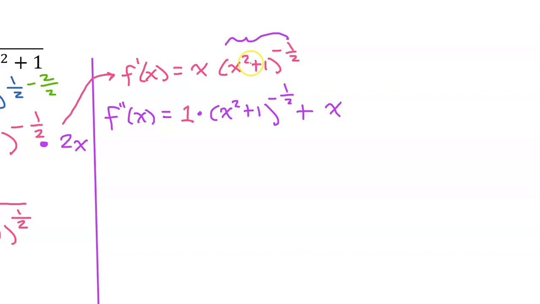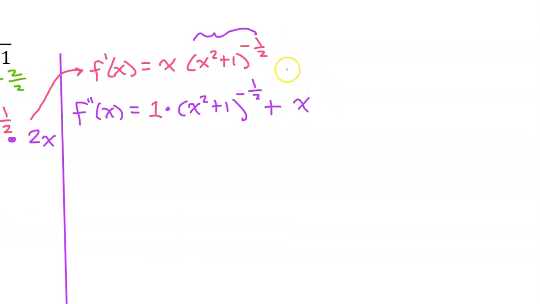But now it's time to take the derivative of the second factor. So I'm doing the chain rule. The negative 1/2 power is going to come here in the front. Here's my negative 1/2 in the front. I have to subtract 1 from this power, so think minus 2 over 2.